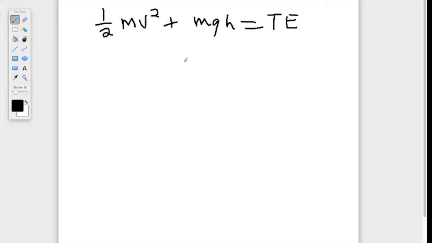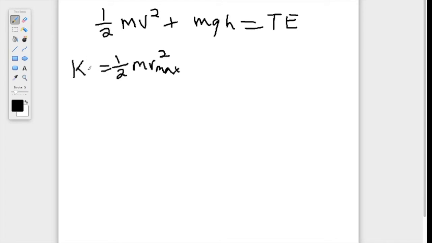All right. But if we were trying to find the max kinetic energy, well, that'll just be 1/2 m v max squared.